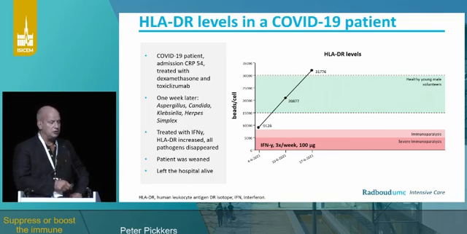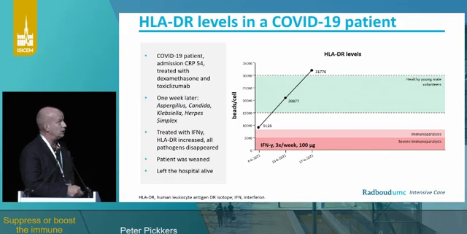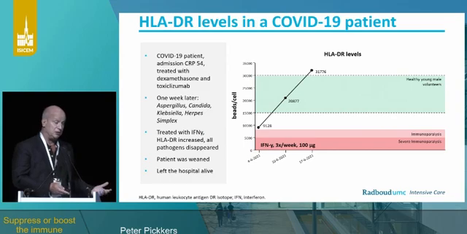These were treated with the appropriate drugs, but they did not clear these infections, and he did not get better. He got worse, actually. So then the decision was made to measure his HLA-DR. It was only moderately suppressed, but there was some immune suppression, and he was treated with interferon gamma. And following that, the opportunistic infections disappeared, and this patient could be weaned and left the hospital alive.